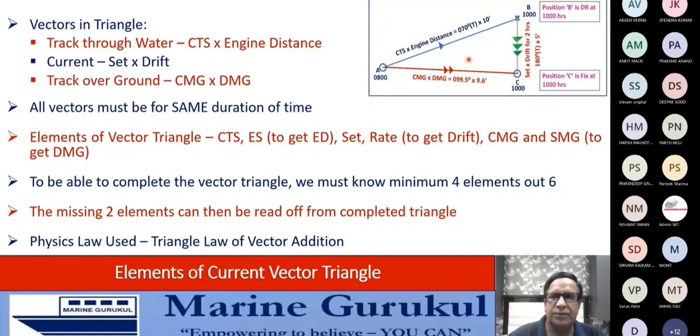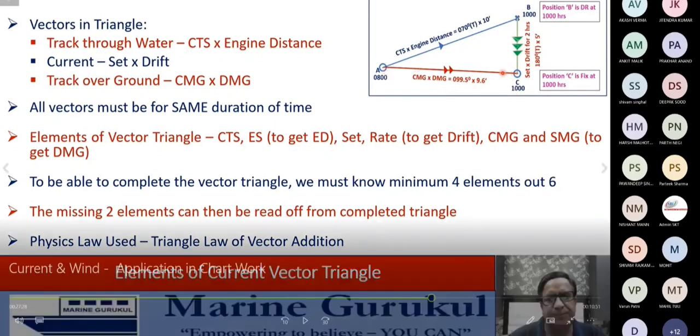So if you see here, CTS and current vector are in the same order or same direction because both are clockwise. And the CMG vector is anti-clockwise. It's the third side of the triangle taken in the opposite direction. So the resultant of track through water and the current is the track over the ground.